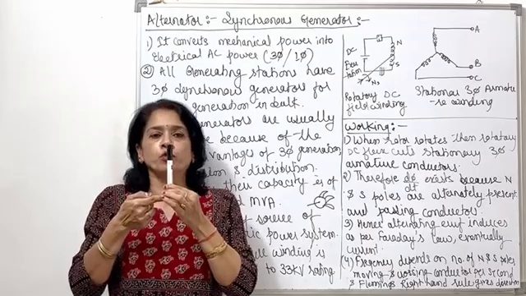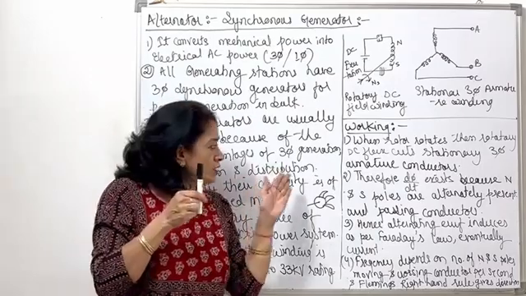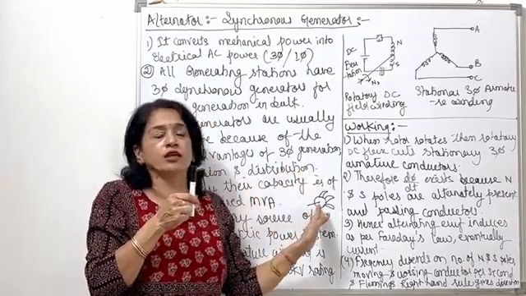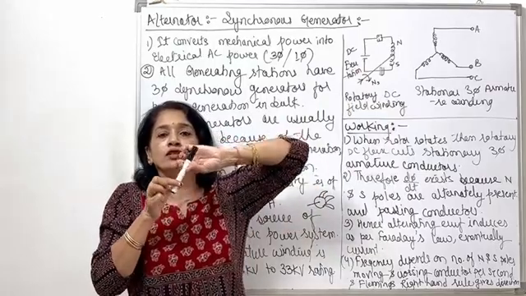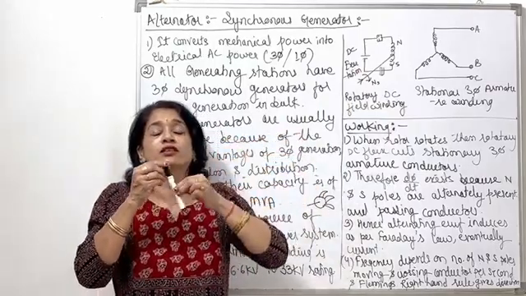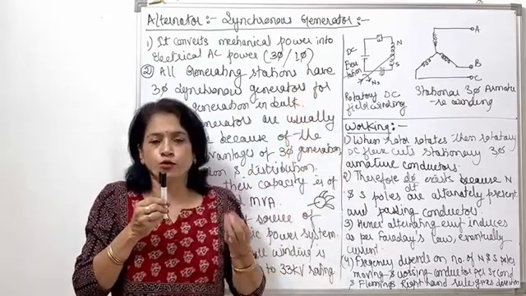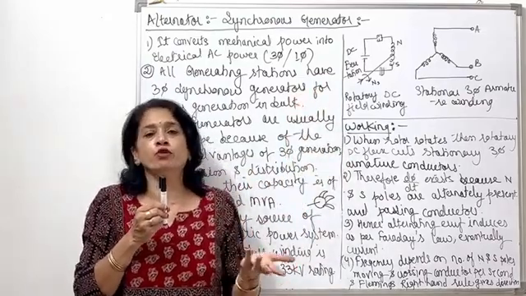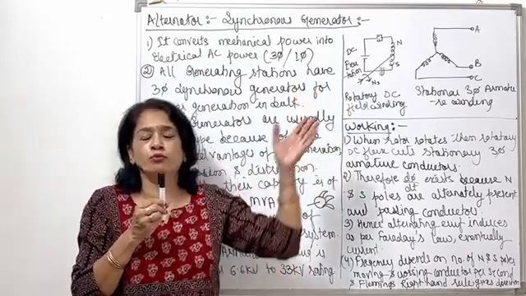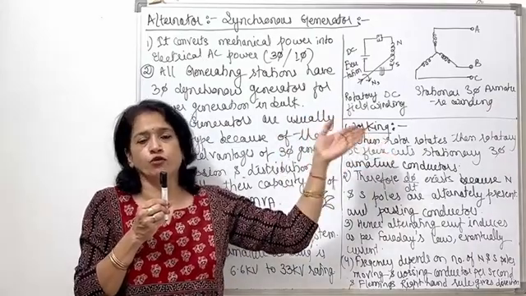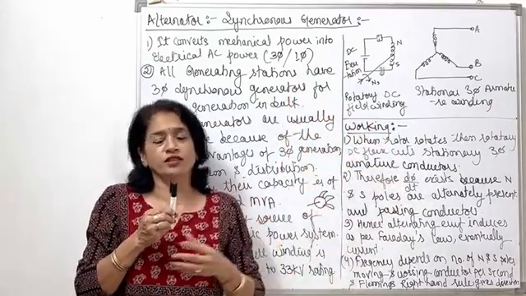North and south poles are there, and as soon as we turn the turbine, the rotor turns, so the north and south poles turn, creating a revolving magnetic field. Here I am showing only 2 poles, but there may be more poles, like a 4 pole alternator, and 6 pole alternators are also present.